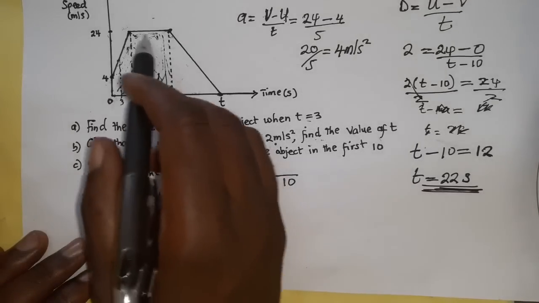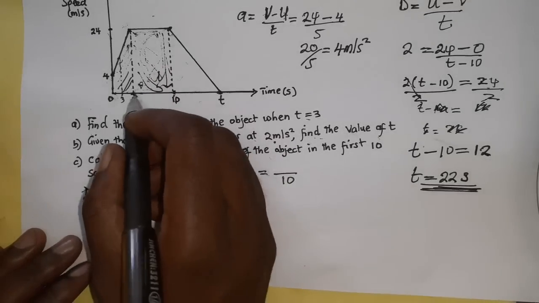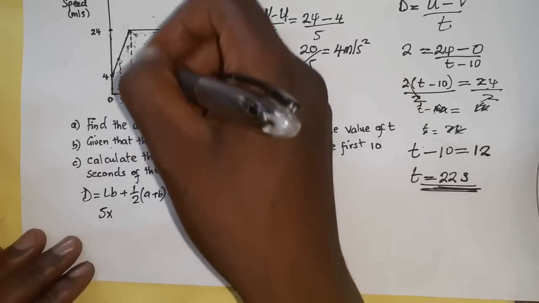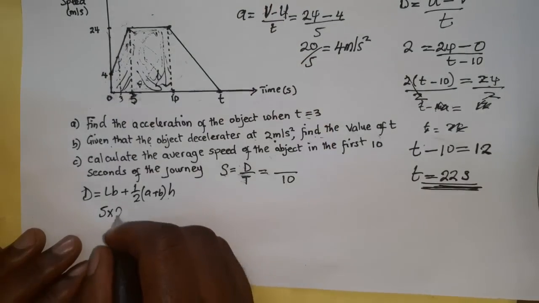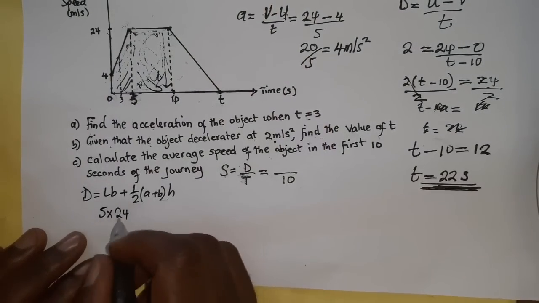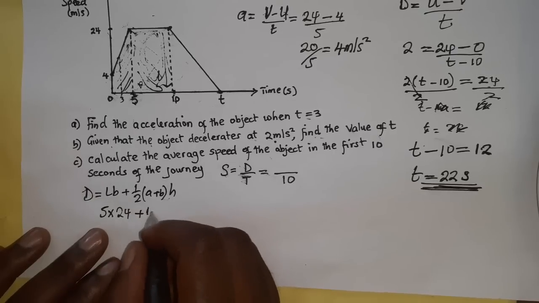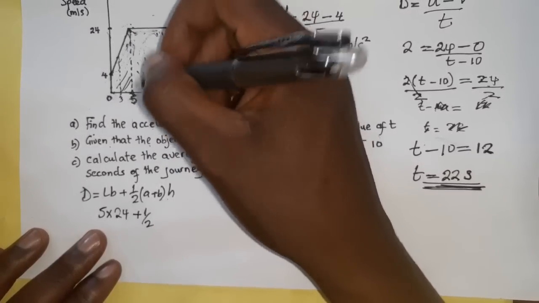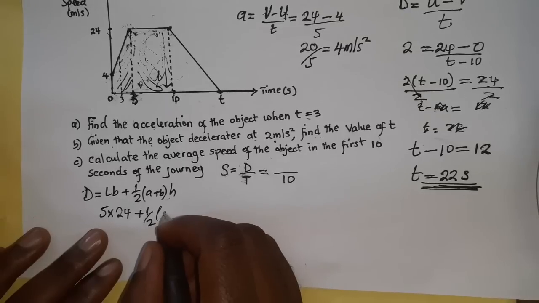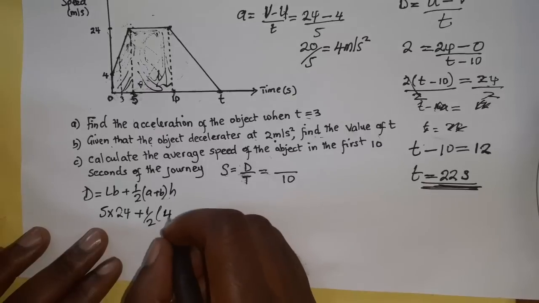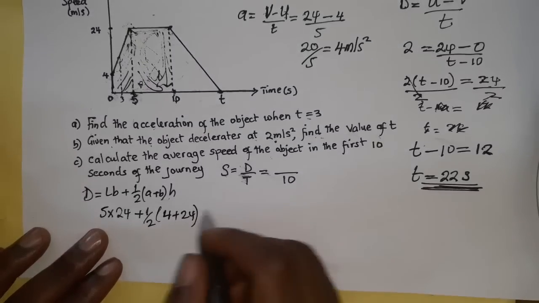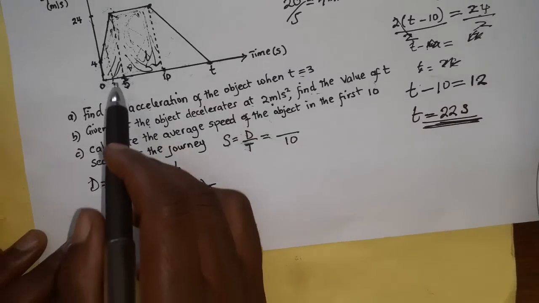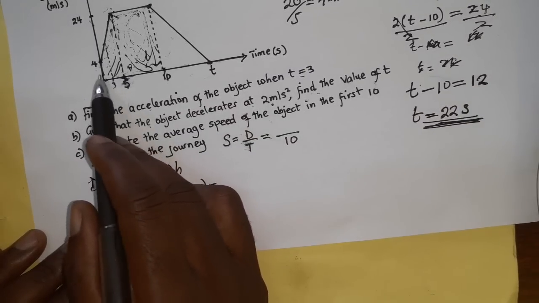So for the bigger one, we have here 5 multiplied by the longer side, from here, it's 24. Or you can swap them. Then here we have 1 over 2. Then remember the parallel sides are the ones that are A and B. So you have 4 plus 24. Then this side it's 5, which is the height.